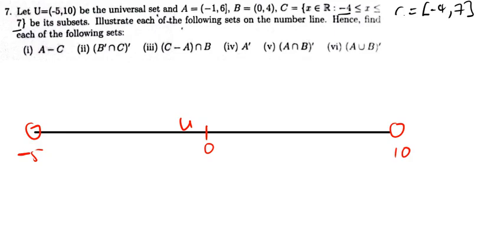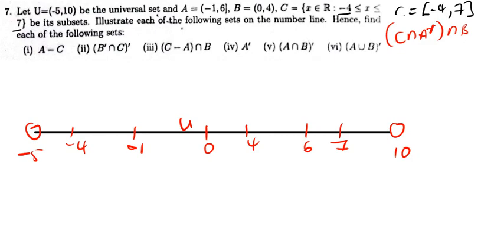In the negative side, we have got -1 and -4. On the positive side, we have got 4. What else? We have 6 and 7. Since we are dealing with 3 of them, this is the same as C intersection A complement, then intersection B, like that.